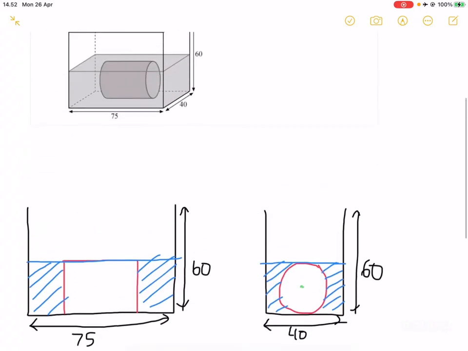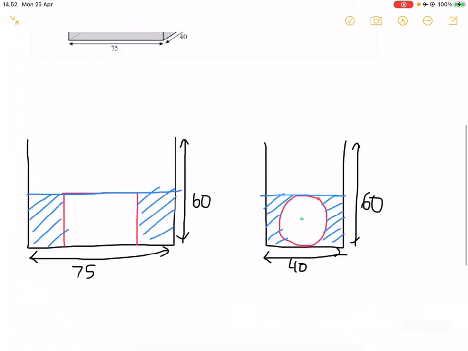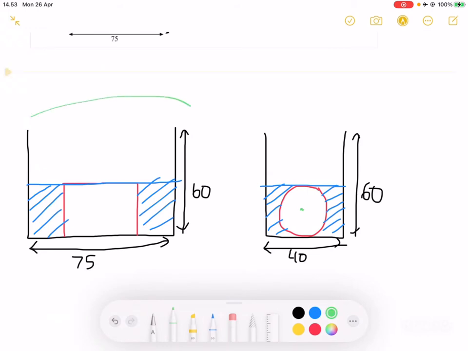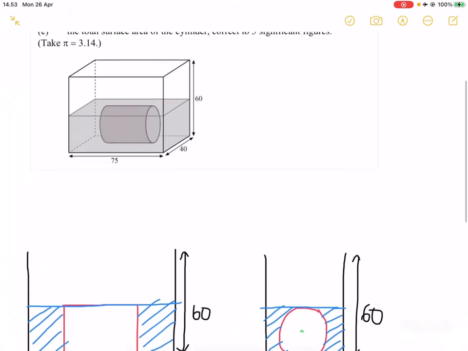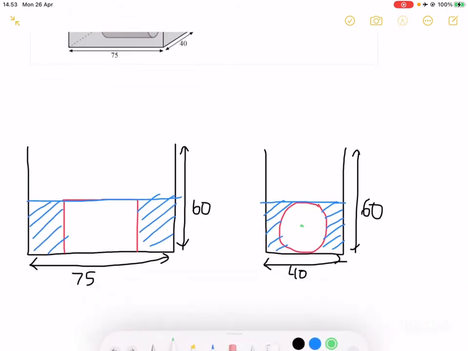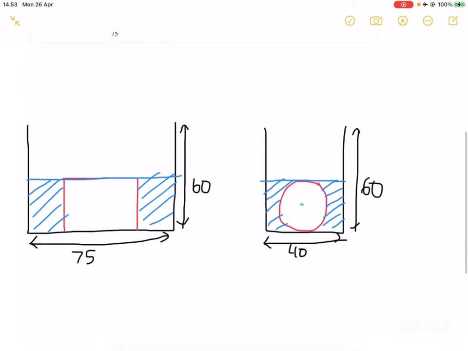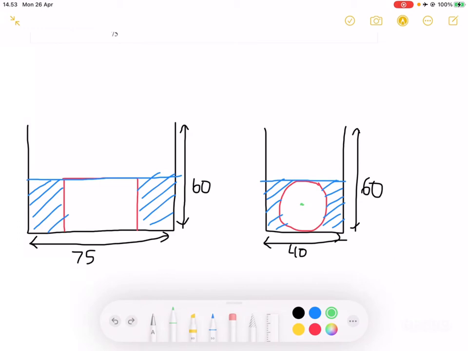as you can see here, I've just drawn some diagrams with different perspectives. So here is what the tank with the cylinder and the water looks like when looking at the sides of lengths 75 by 60 centimeters. The cylinder now looks like a rectangle, this is the water level, and the topmost side of the cylinder is level with the water.